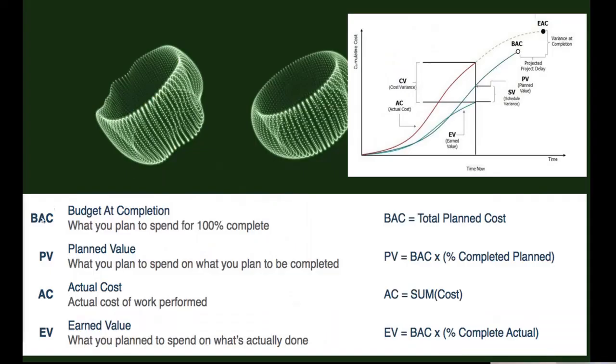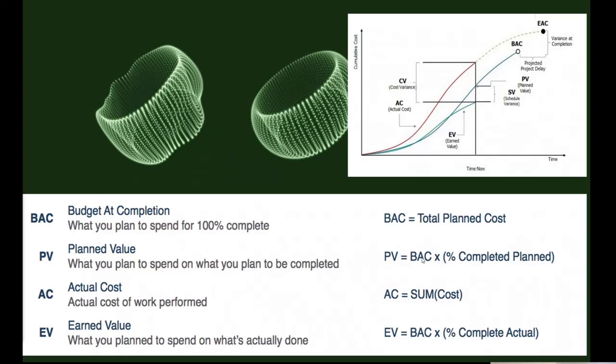Okay, so in here we have budget at completion, BAC. It's what you plan to spend for 100% complete on the project. So BAC is the total plan cost. Then planned value: what you plan to spend on what you plan to be completed.